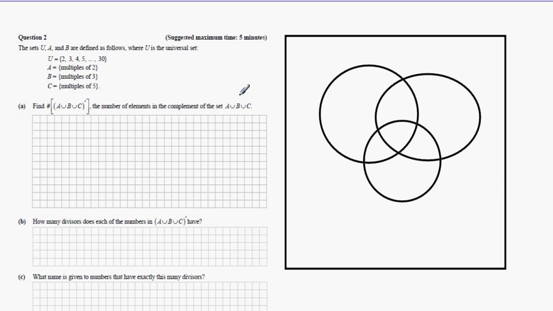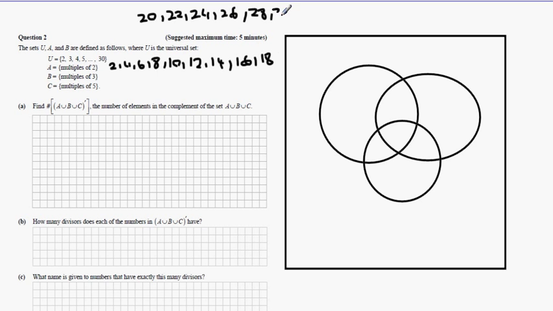So let's start off with multiples of 2, 3 and 5. So we have 2, 4, 6, 8, 10, 12, 14, 16, 18. Alright, then you have 20, 22, 24, 26, 28 and 30.